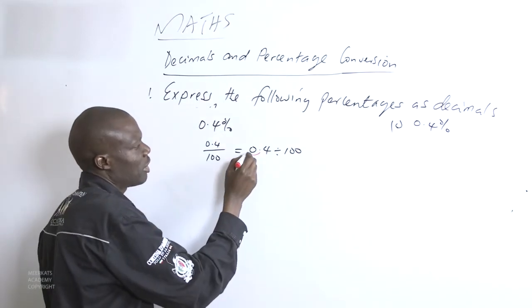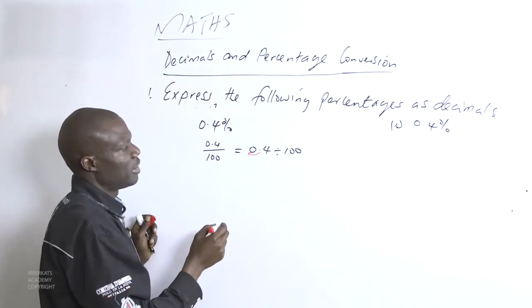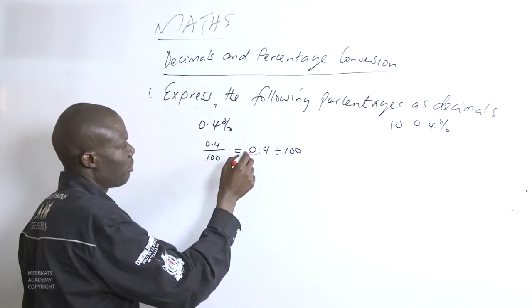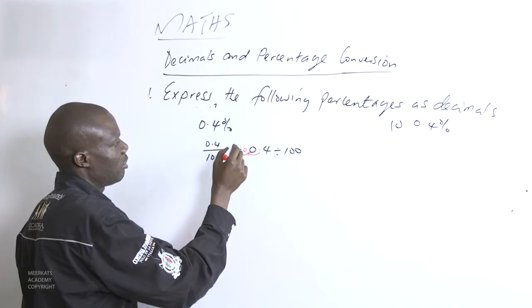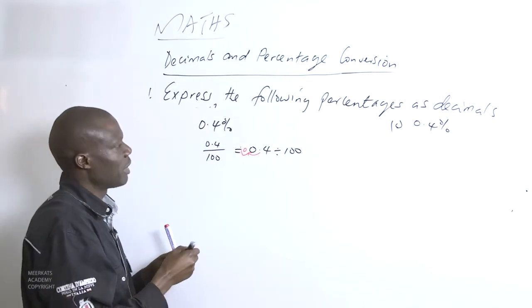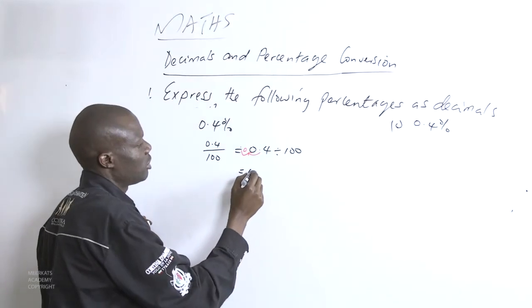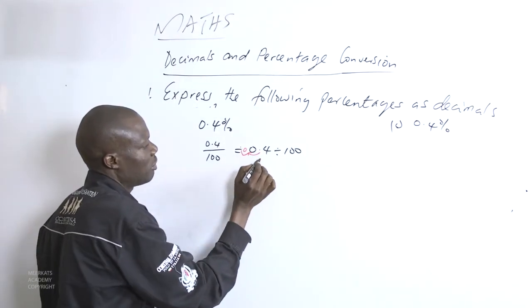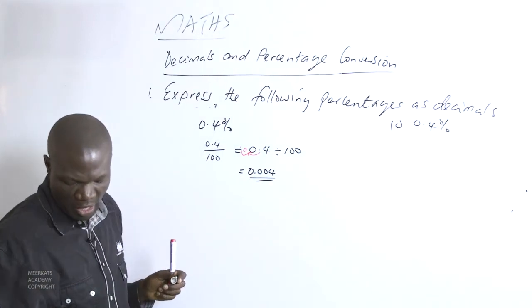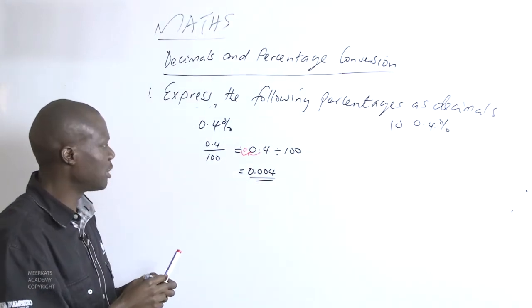The first move comes to this point. We need to move again a second time, and the second time we move, we shall create a 0 here so that we can get a decimal point there. So you find that this is reduced to 0.004. This is what we shall have as a decimal.